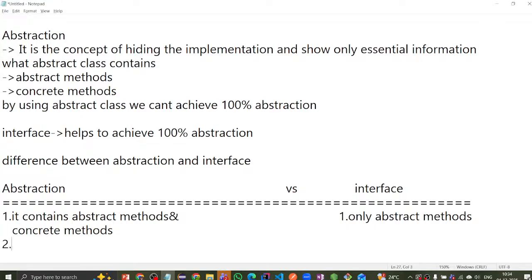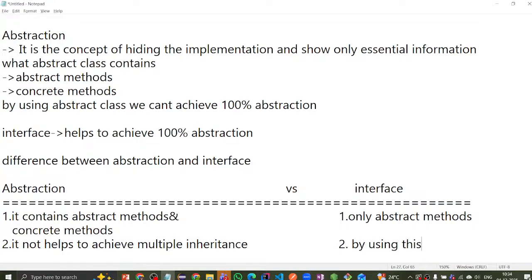Next, the abstract class does not help to achieve multiple inheritance. By using the interface, we can achieve multiple inheritance.